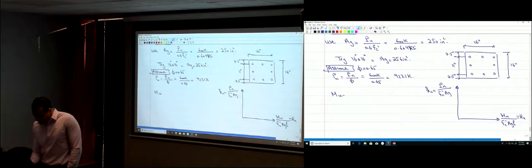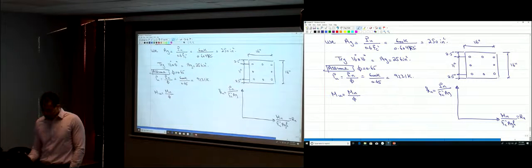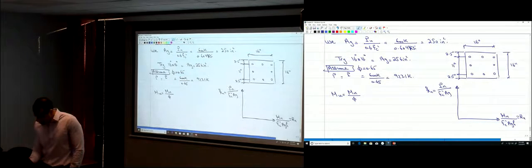M nominal is M ultimate divided by phi. Sorry, P nominal is P ultimate divided by phi.